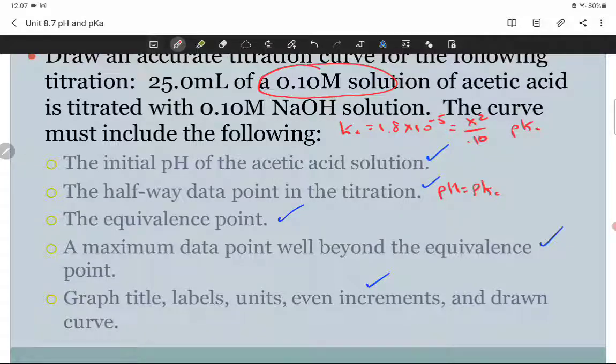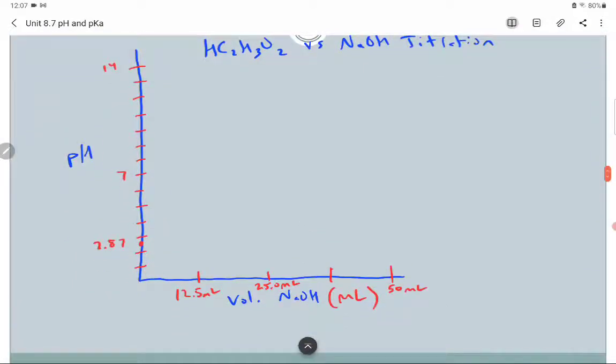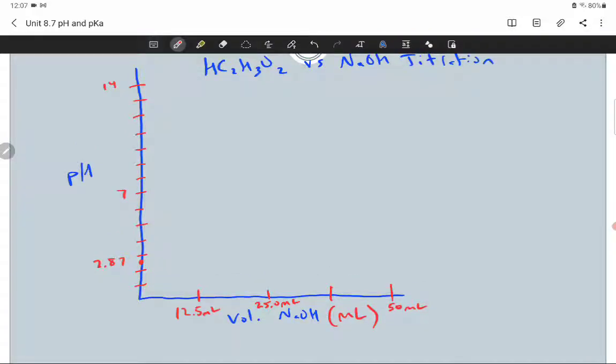So the Ka is given, 1.8 times 10 to the negative fifth. Well, sort of given. It would be given on the test. We've previously done this one. So you take the negative log of that, which gives you 4.74. So maybe it's around that spot.